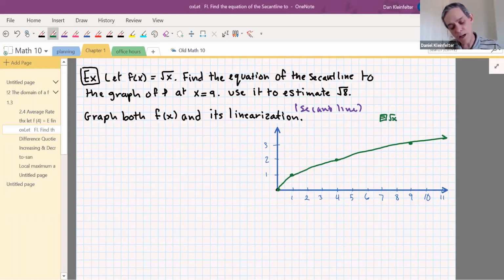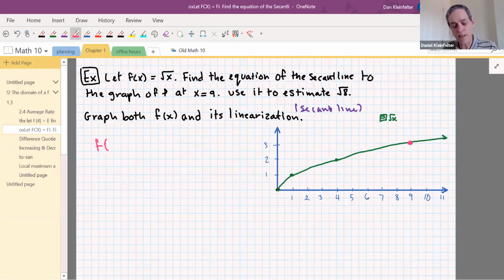Okay, so we want to find the equation of the secant line at the point x equal 9. So right there at the point (9, 3). So we want the average rate of change to tell us the slope of this secant line. So let's go ahead and calculate.